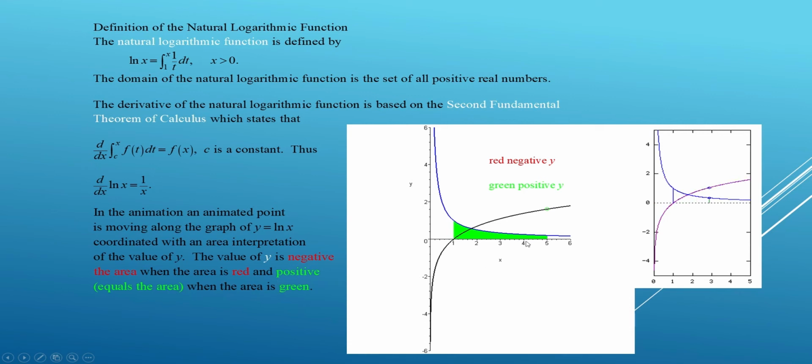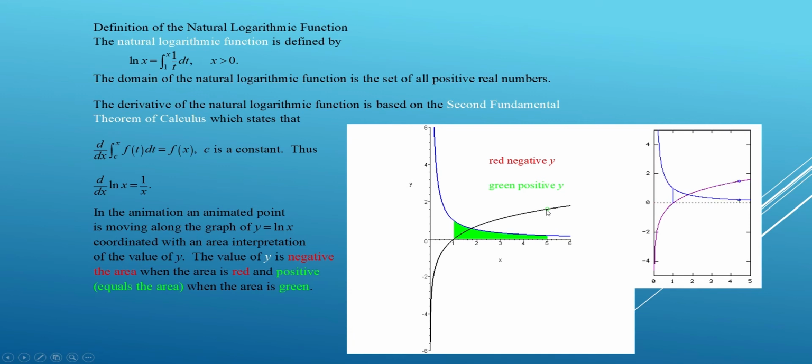So, for example, we're at this point on the graph of y equals natural log of x, and over here you have the graph of 1 divided by x, or 1 divided by t, if this is a t-axis.